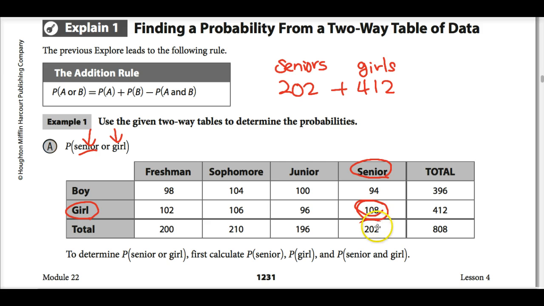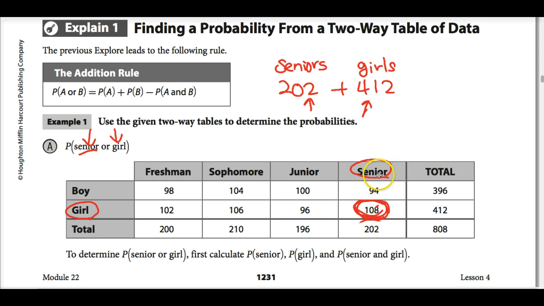That would be the intersection, right? So if you're a senior and also a girl, didn't you already count the number of seniors over here? The girls who are seniors are in here. The girls who are seniors are here too. So you basically added 108 two times.